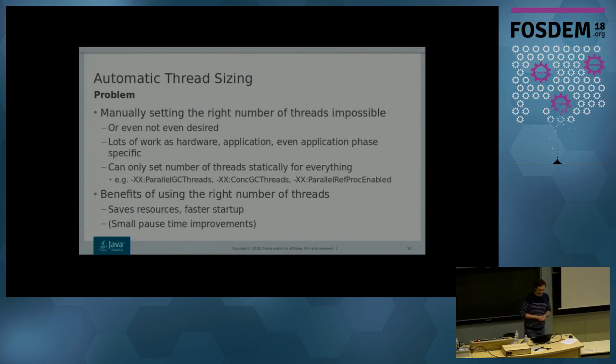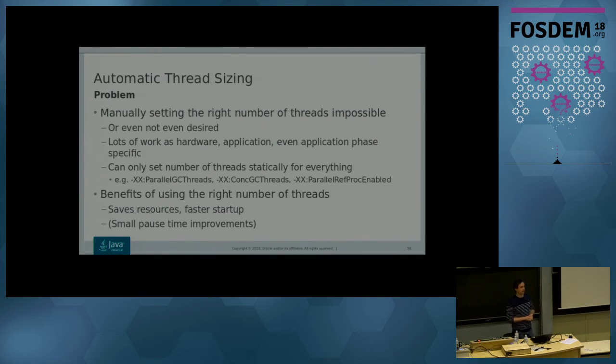That doesn't really make sense. Anyway, if you wanted to try to set this right number, it's a lot of work because it depends on the hardware, on the application, and actually on the current application phase you are in. And to make matters even worse, in the HotSpot JVM, you can only set the number of threads statically at the start of the VM. So basically, you can't do that.